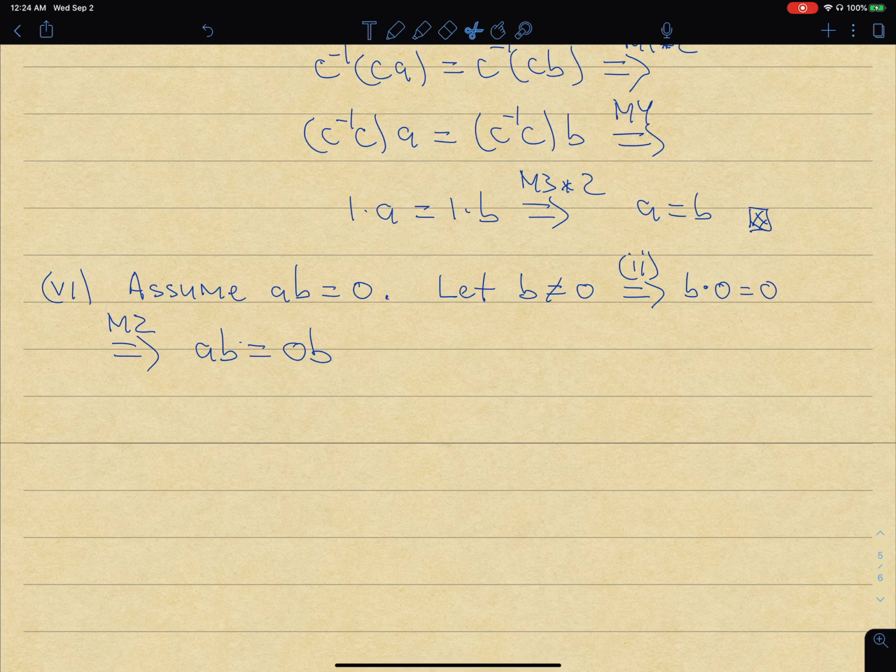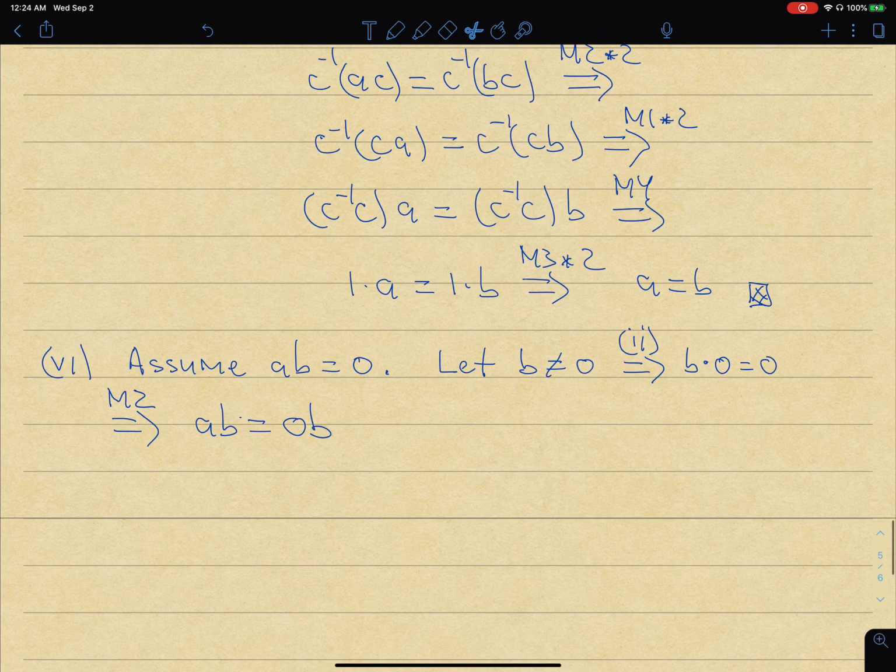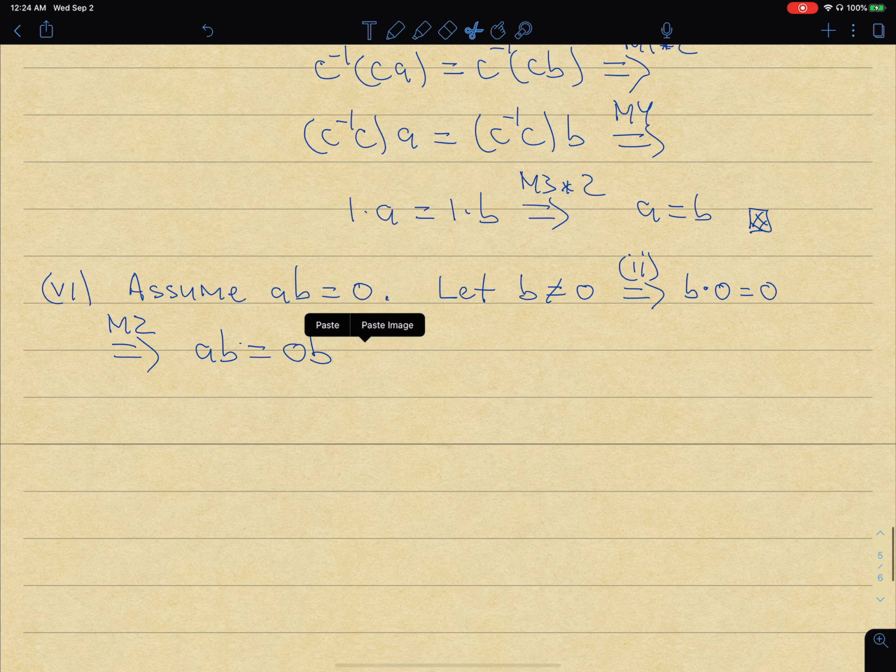Well, but then the property that I just proved says that if I have two numbers multiplied by the same non-zero number, then that means that those two numbers must be exactly the same. So that means that from property number 5 that we just proved, it follows that A is equal to 0, right? So that would be the first possibility.